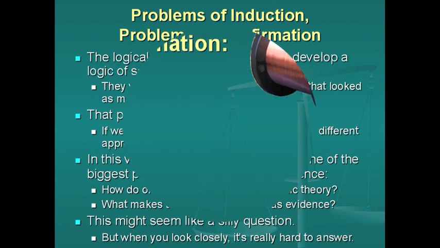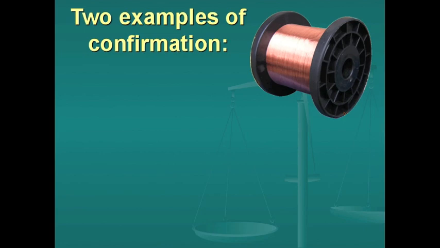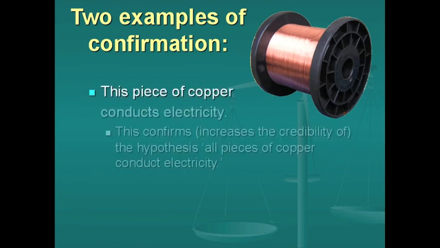So with that in mind, let's start by doing a straightforward example of what looks like a standard example of confirmation. Let's say that I have a theory that says copper conducts electricity. All copper conducts electricity. Well, here's a piece of copper. I could test it and see if it conducts electricity. And if it does, sure enough, I can say, well, this confirms.